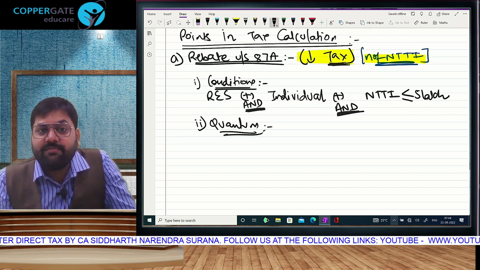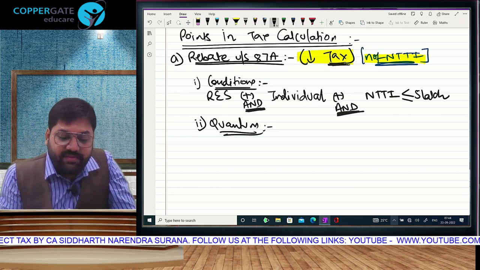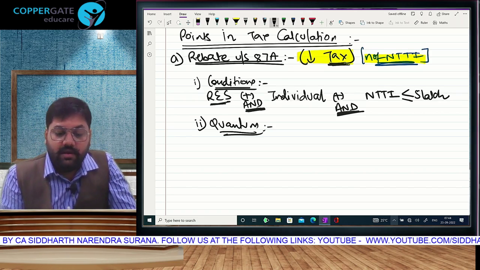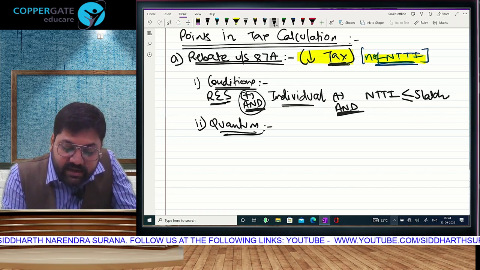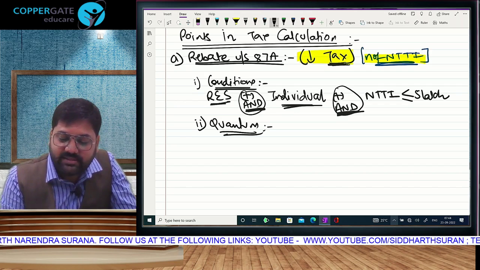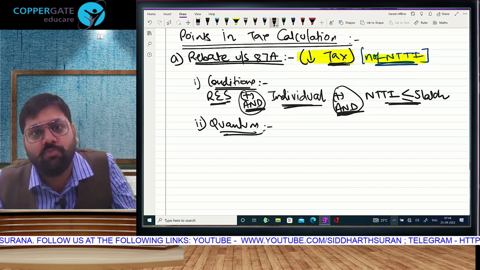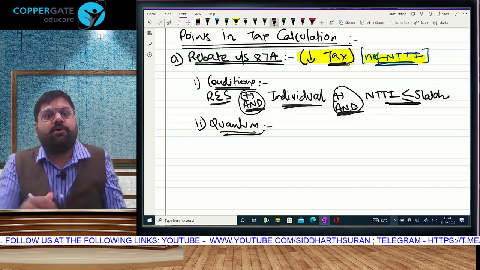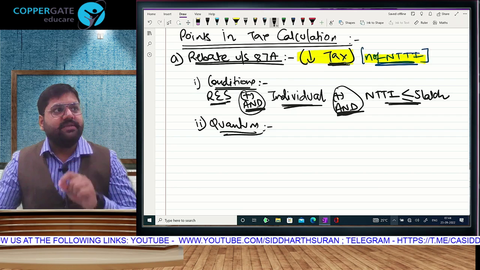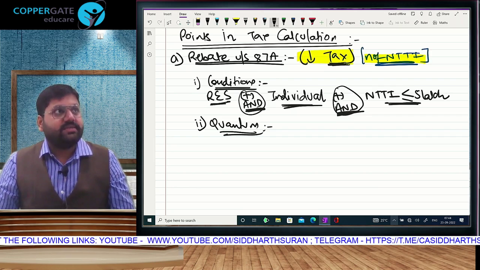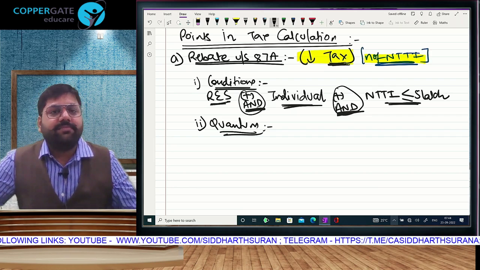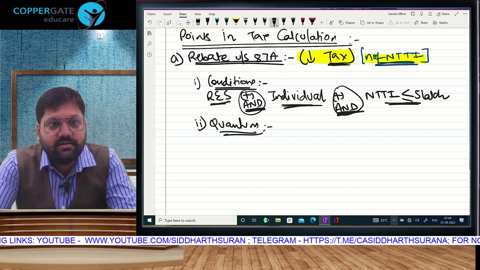So ladies and gentlemen, when is rebate allowed? When the assessee is resident and the assessee is individual and the assessee is having income up to 5 lakhs. Not more than 5 lakhs, matlab less than or equal to 5 lakhs. That means if there is an assessee who is a non-resident, usko rebate?